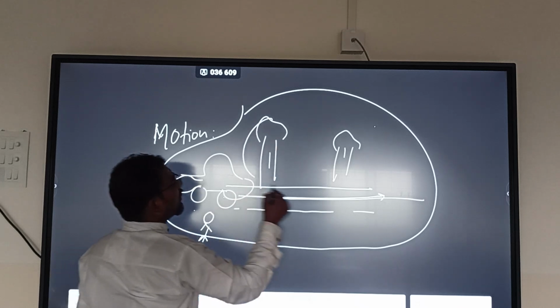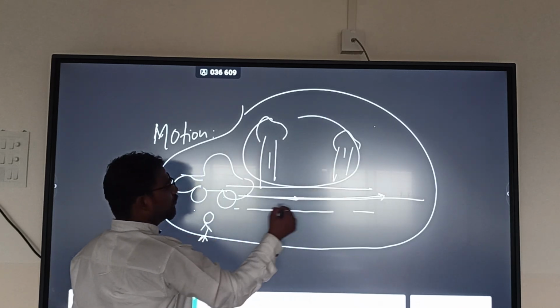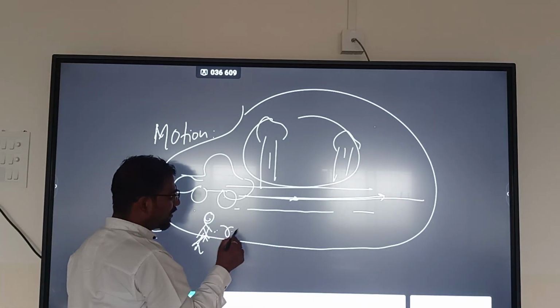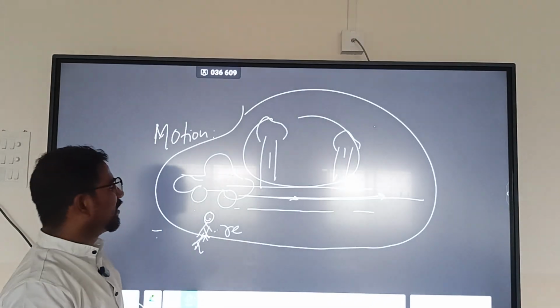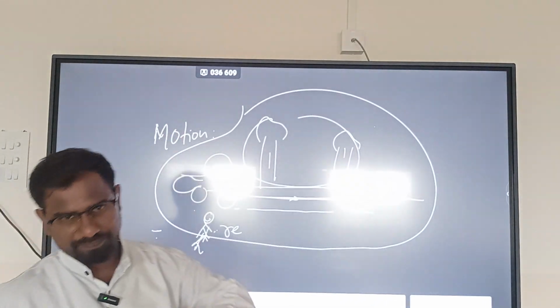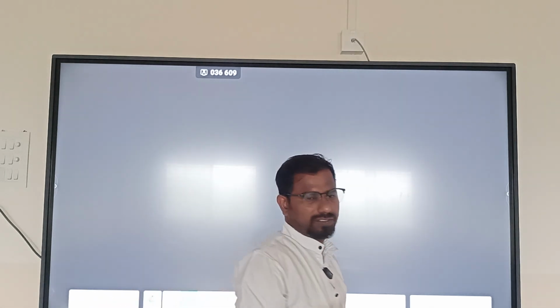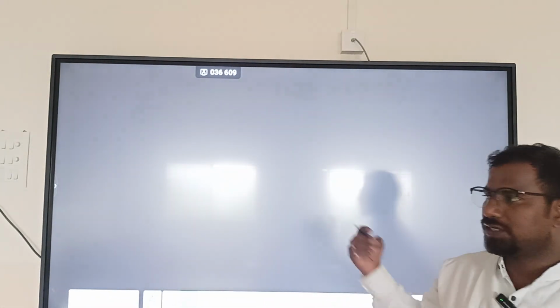These things are at rest, the car is moving according to the observer. This is called the reference frame. So this is how we tell about motion: when a body changes its state with respect to the surrounding, it is called the motion of a body.